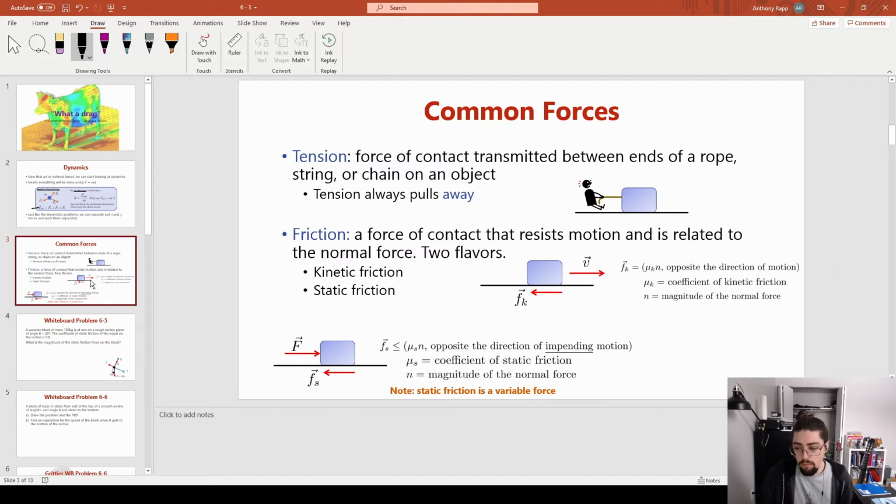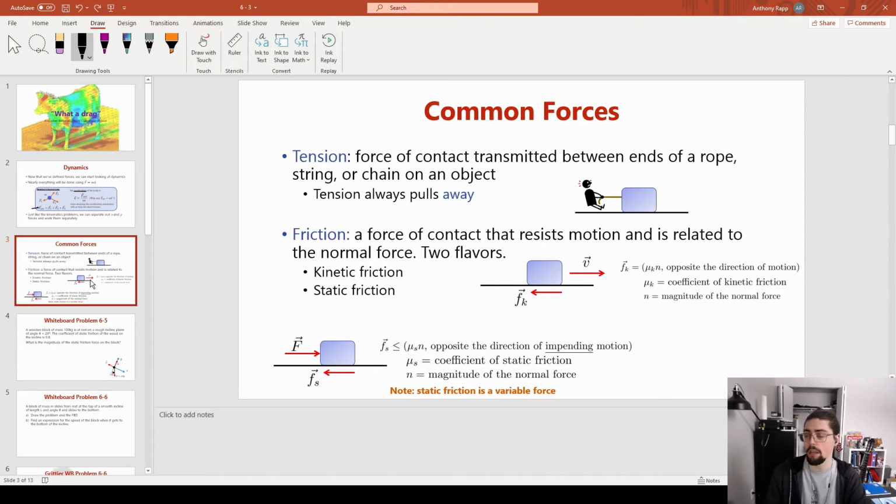Friction is the one that's a little bit more complicated. Probably one of the most complicated so far because it comes in 2 different flavors. It's either the kinetic friction or the static friction. And of course, this relates to the type of equilibrium we may or may not be in. Kinetic, generally speaking, means moving friction.